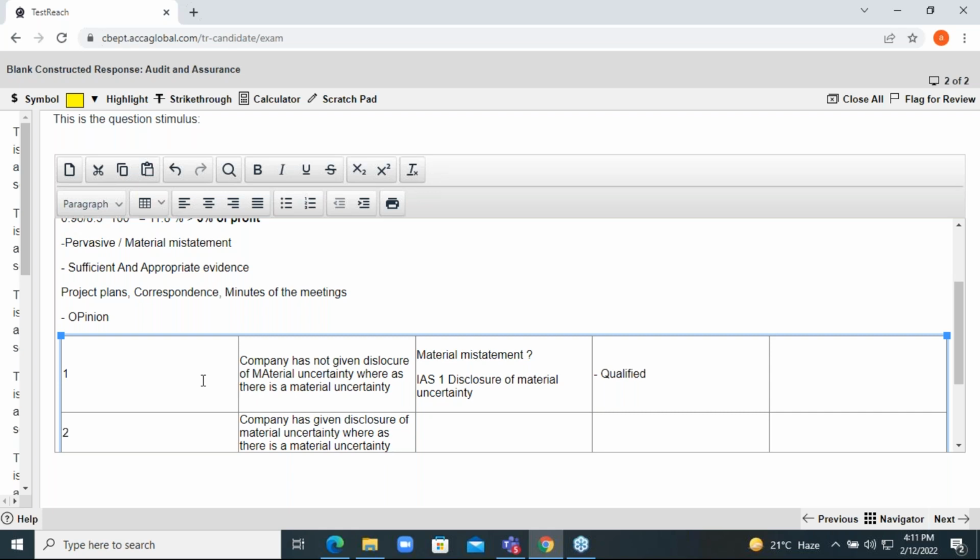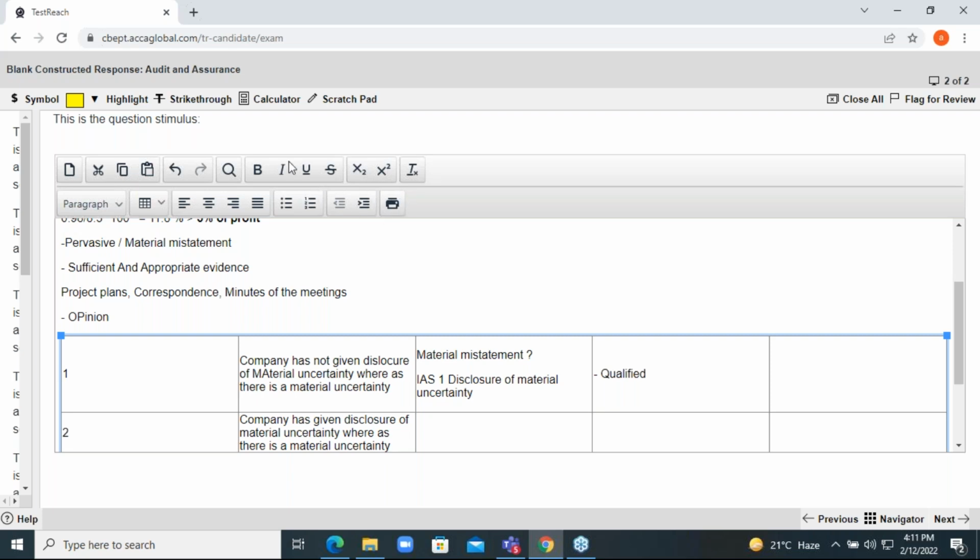Okay, Hamad, your answer is incomplete. Please explain your answer. Okay, Adil Muhammad is very close to the right answer, but Adil, it is not the correct answer. Ryan, you were close, but it is not the correct answer. Rubaid, kindly explain. Mir Hamza, unmodified. Rubaid, unmodified. Adil Muhammad, unmodified with emphasis of matter paragraph.